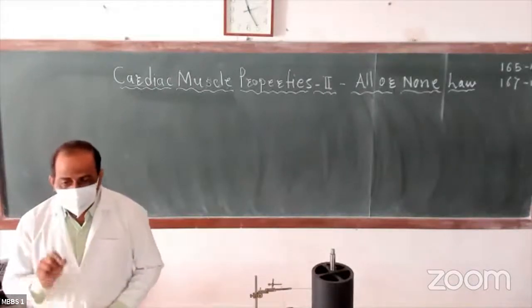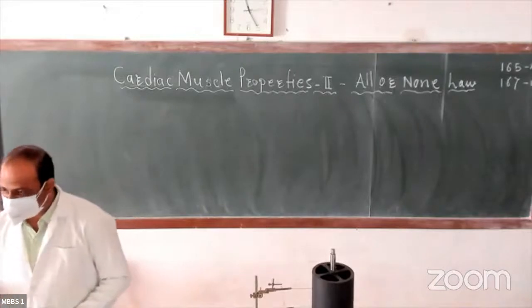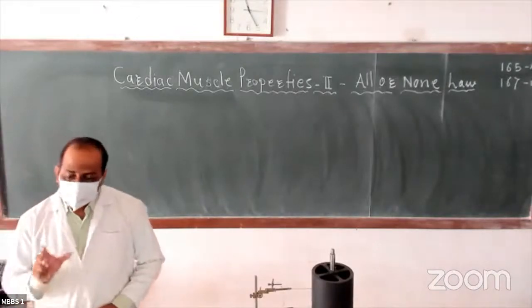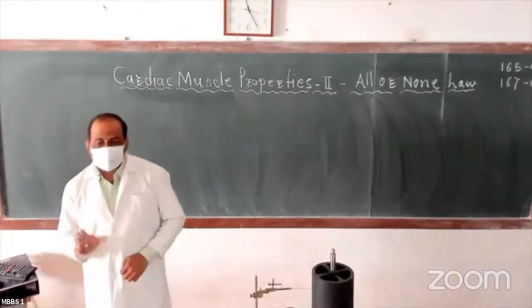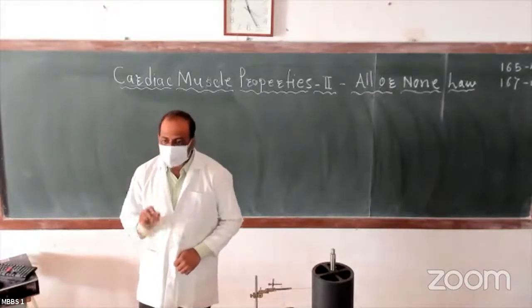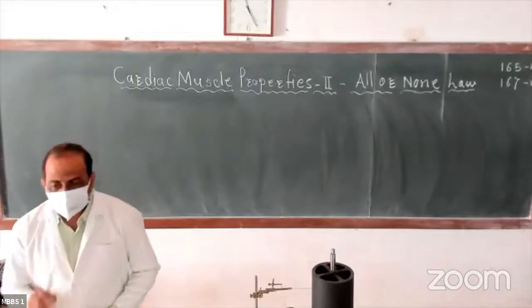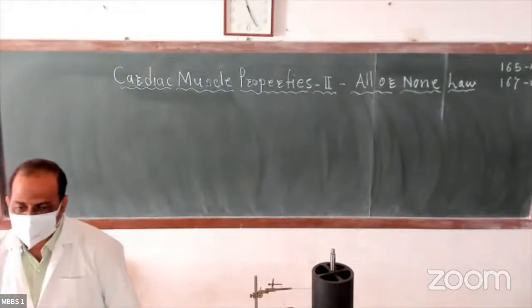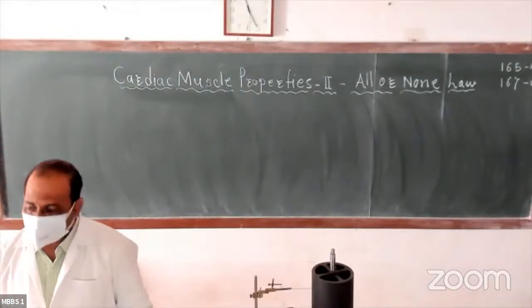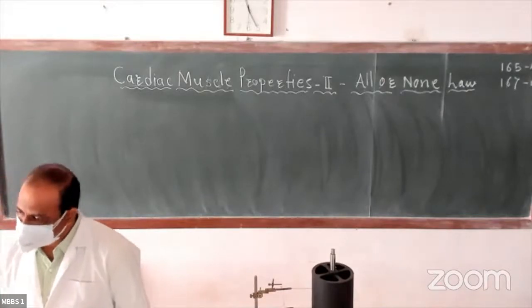There is no local contraction of the cardiac muscle. When there is a stimulation, the whole ventricle will contract. That means the whole ventricle will show the response to a specific strength of the stimulus, and we are going to discuss what is the all phenomenon and what is the none phenomenon.